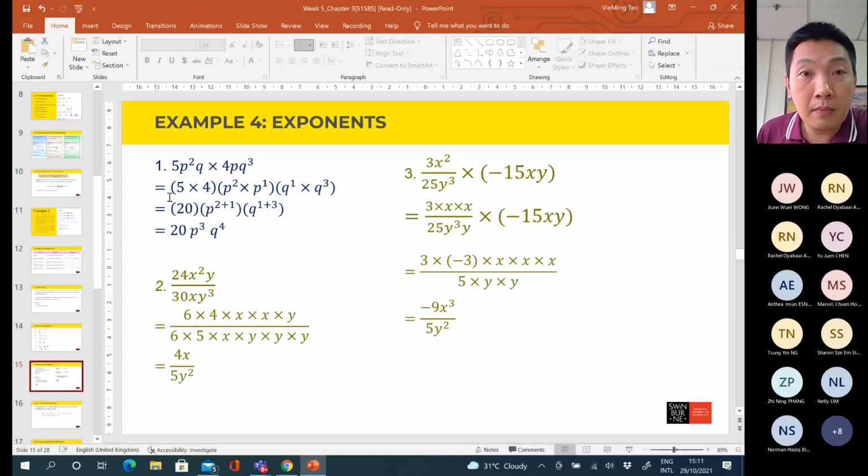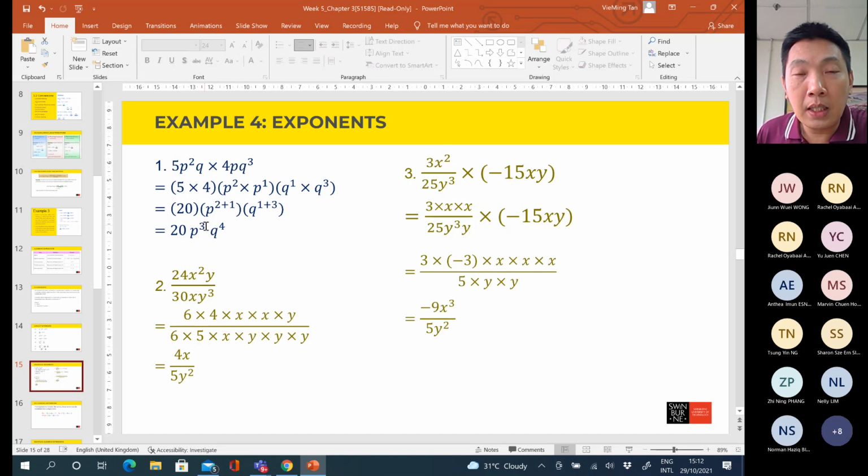Let's try. You probably will start with the number first. So 5 multiply 4, you'll get 20. Then we multiply with P. This is P2, this is P1. So P2 multiply P1, you'll get P power 2 plus 1.